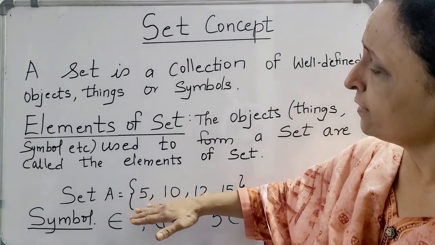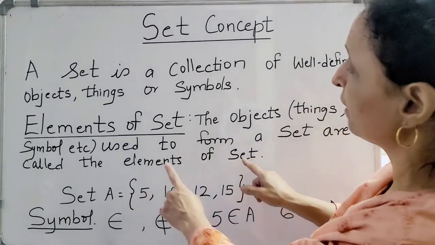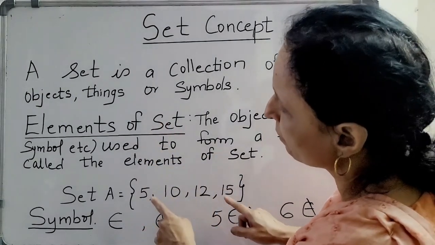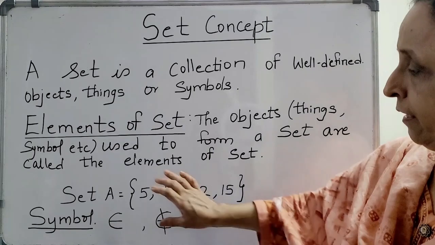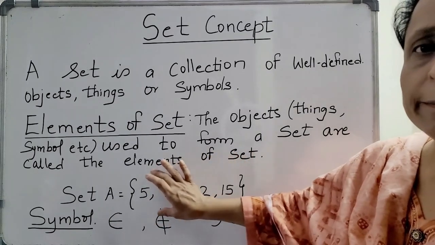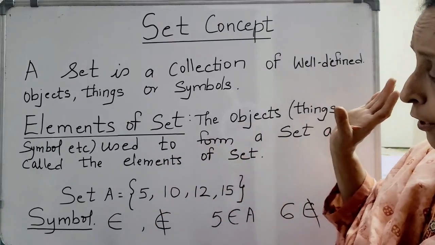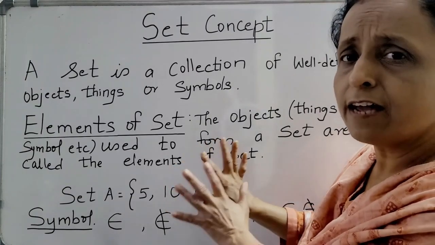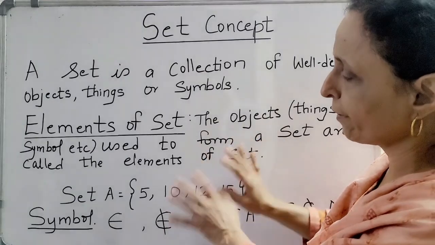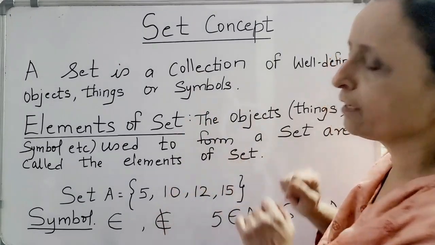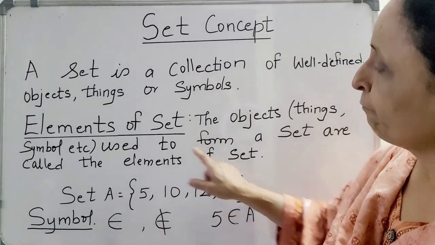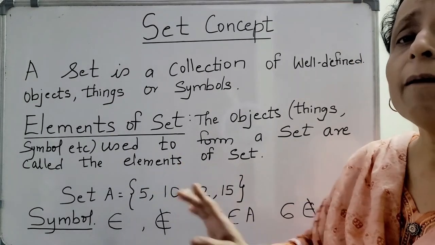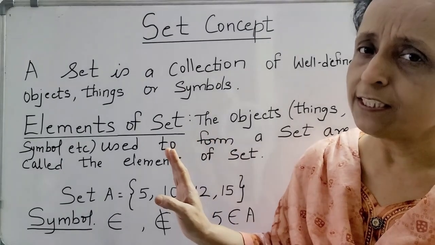So your set is written in curly brackets to show that these are the members of this set. The members have to be there inside the curly bracket. But if I write 15, or 5, 10, 12, if I jumble them up, that does not make the set wrong.